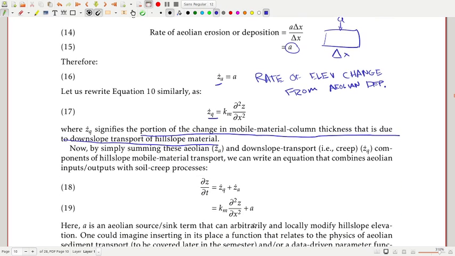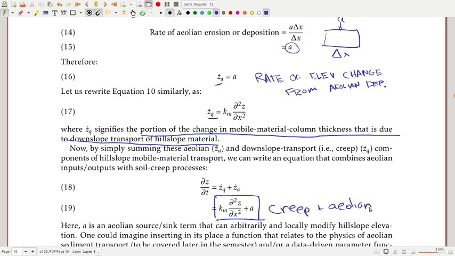And so if we want to know what's happening in this whole column, we can just sum the Aeolian component with the lateral transport component, or the hillslope creep component. And that's what we get here. So this is then hillslope creep plus Aeolian processes. And so what you can see then is that the Aeolian processes in this equation create what we call a source or sink term.